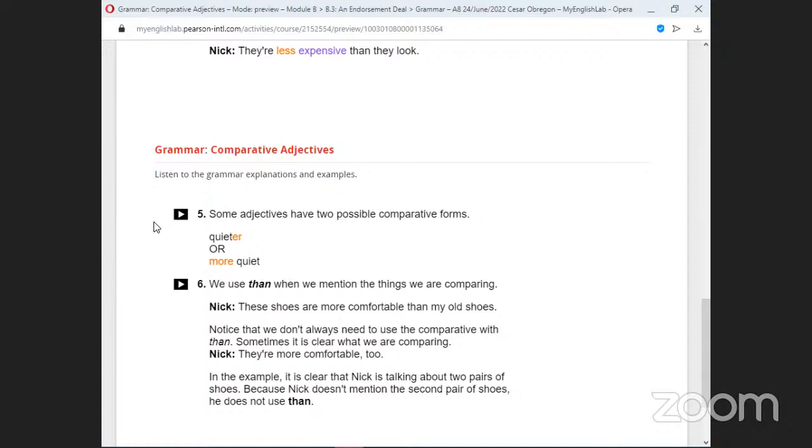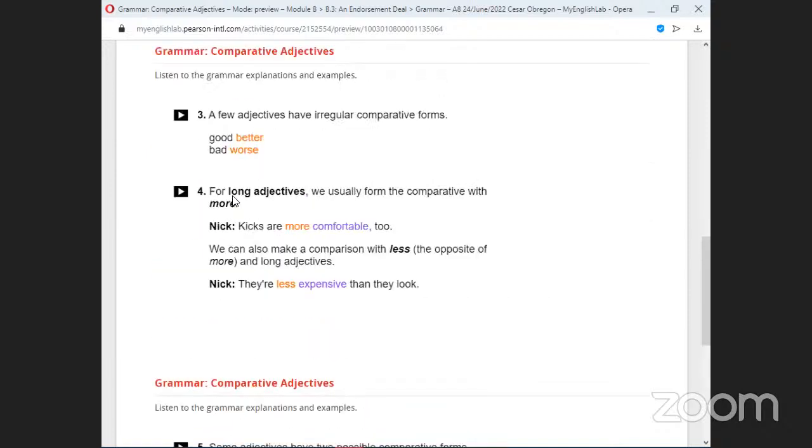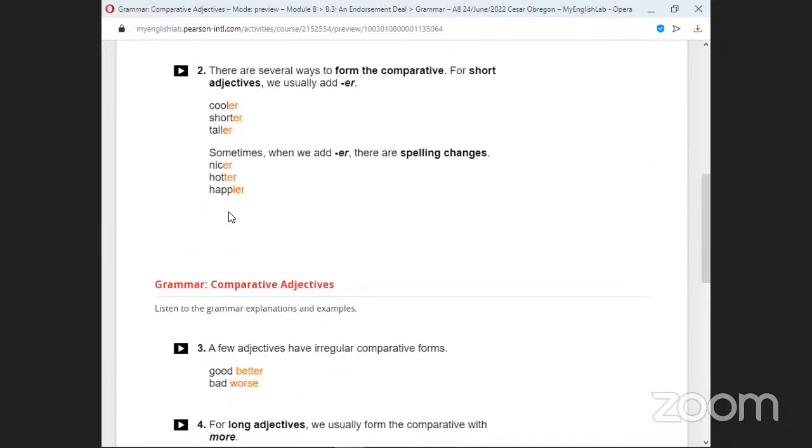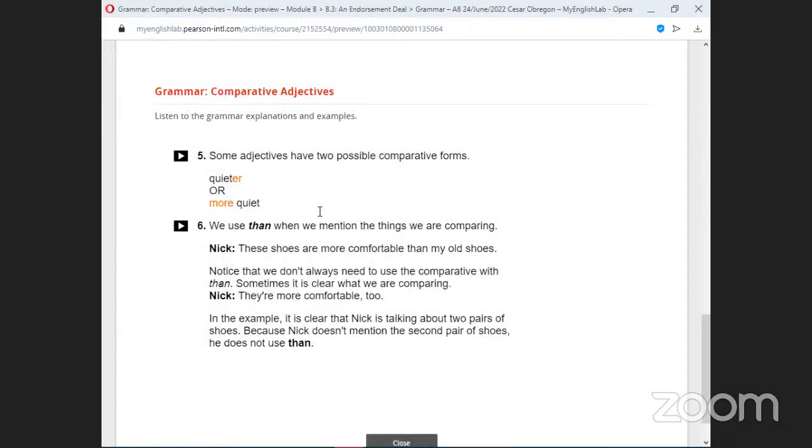Not all of them. And check it out. This is one T, and when we talk about hotter, we added another T. So yes, it gets very tricky.